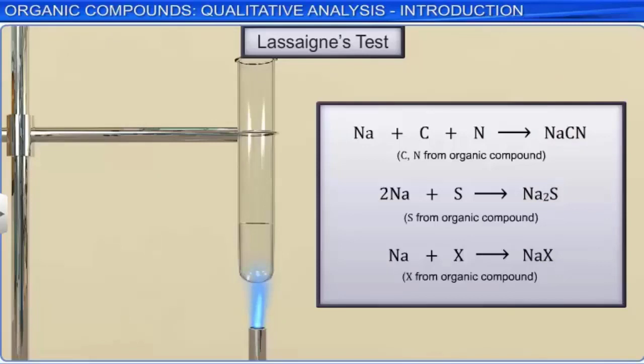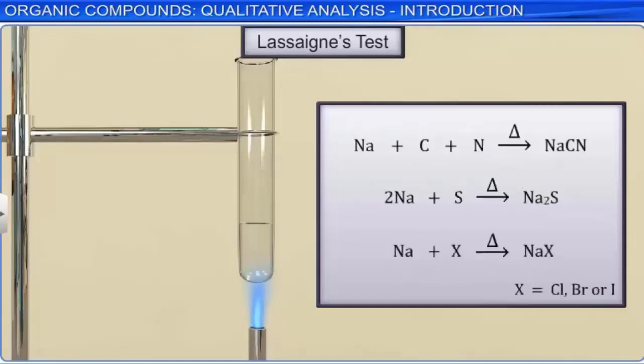In other words, they are converted into their ionic forms. Carbon and nitrogen present in the organic compound react with sodium metal to form sodium cyanide. If sulfur is present in the compound, it is converted to sodium sulfide, whereas the halogen in the compound is converted to respective sodium halide.